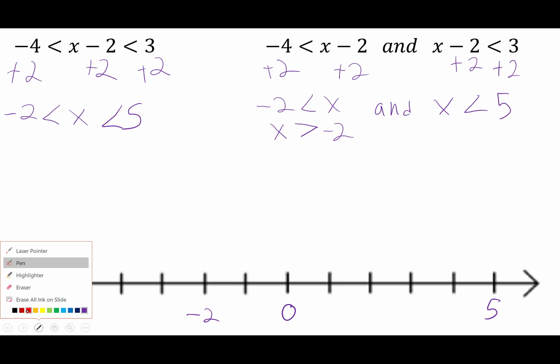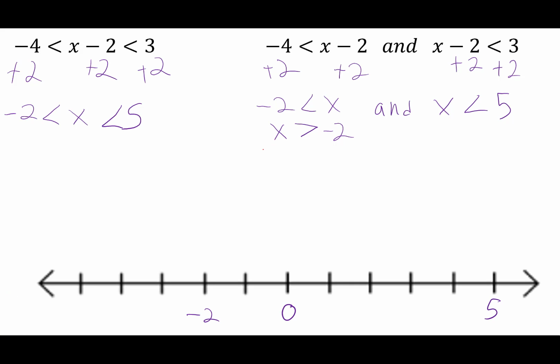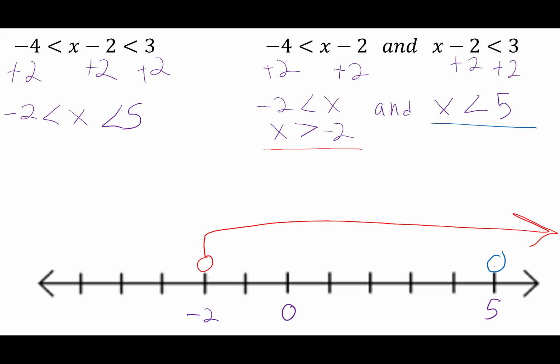All right, so I'm going to start by graphing this one right here. X is greater than -2. That tells me I have an open circle and I'm shading to the right because it's greater than. And then at 5, well, x is less than 5, right? So we're shading to the left.